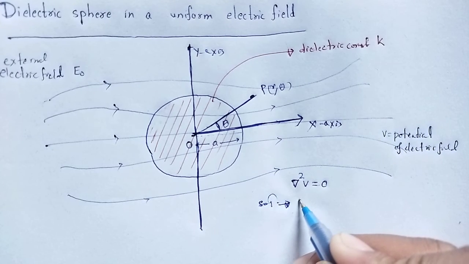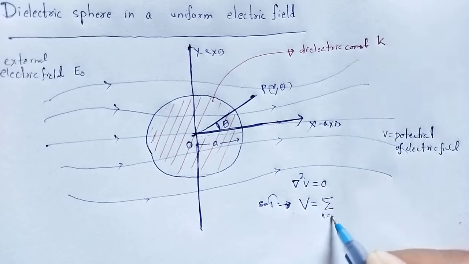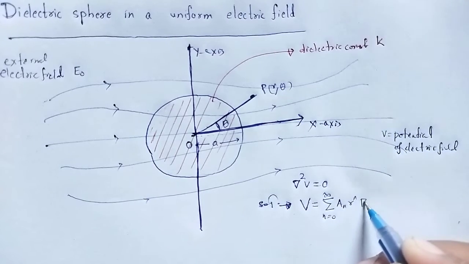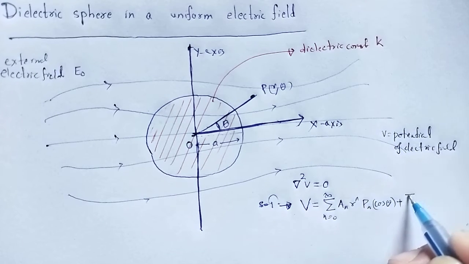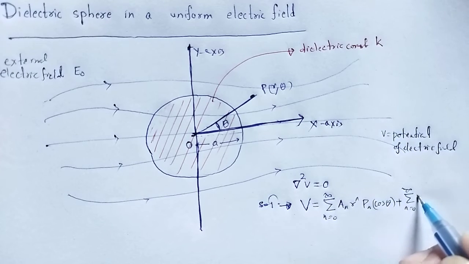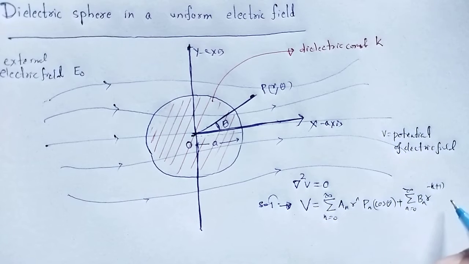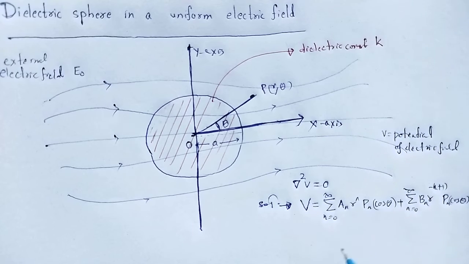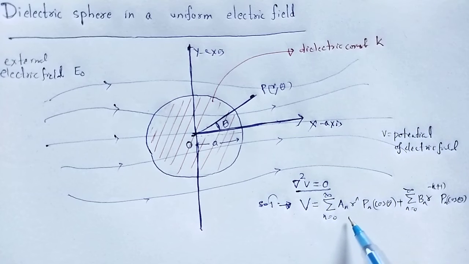Then the solution is V equal to summation over n from 0 to infinity A n r to the power n P n cos theta, plus summation over n equal to 0 to infinity B n r to the power minus (n plus 1) P n cos theta. This is the solution of that Laplace equation.